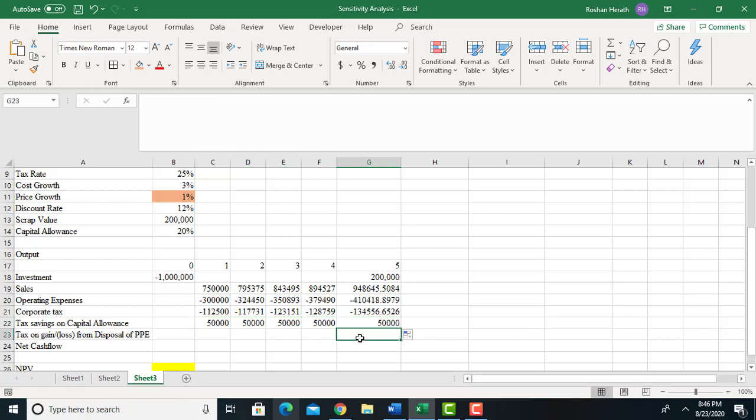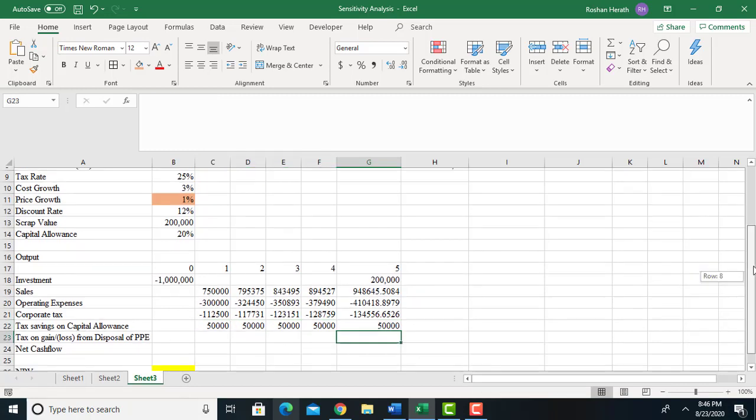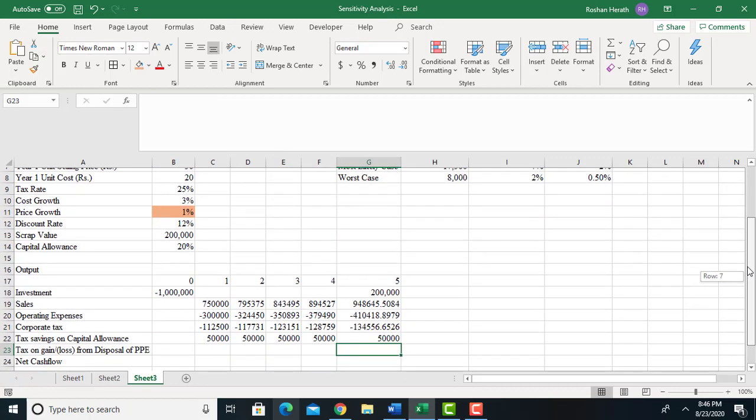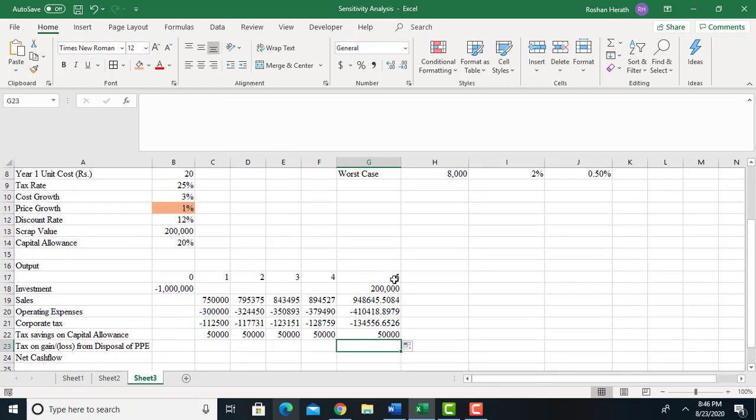Now we have come to the end of the project. At the end of the project, you would be selling this particular investment, the PPE, for 200,000. So there you need to work out the profit or loss on disposal.